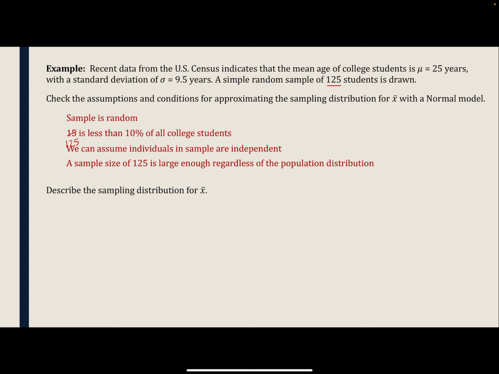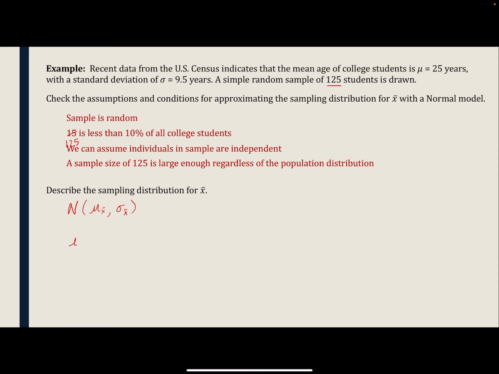So we now want to describe the sampling distribution for X bar. Since all of these conditions and assumptions hold, we know that the sampling distribution is normal, and we're looking for the mean and the standard deviation of the sampling distribution.